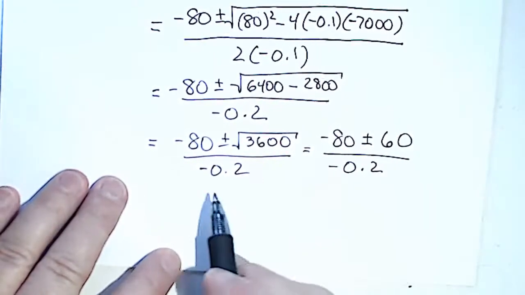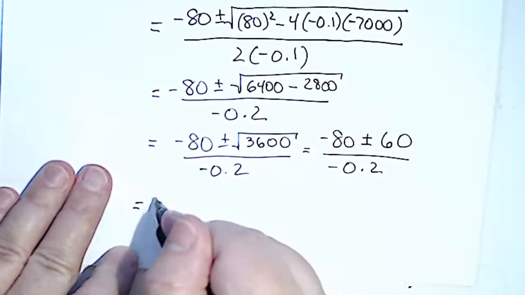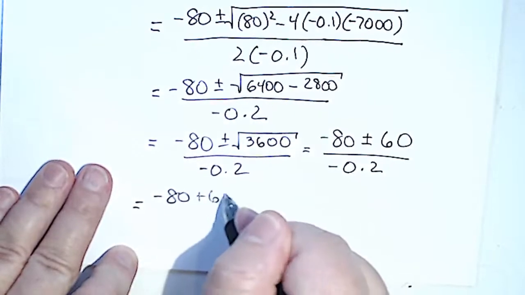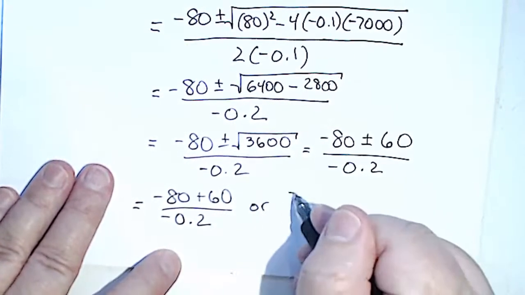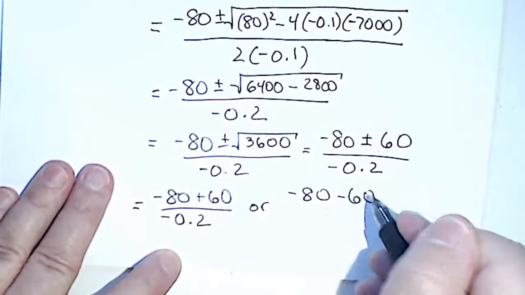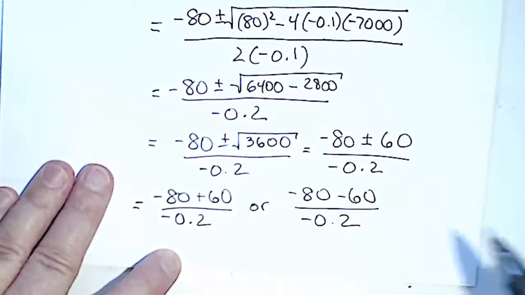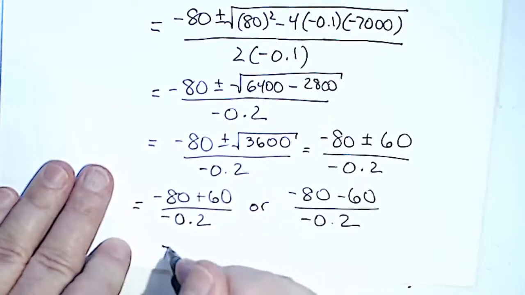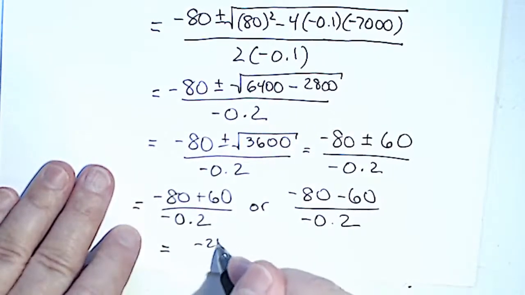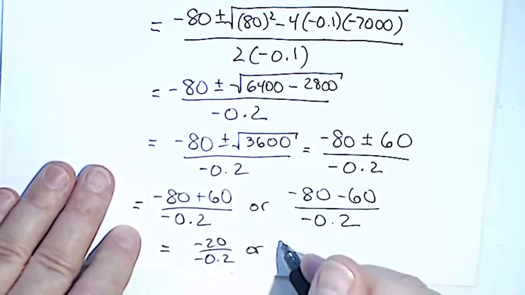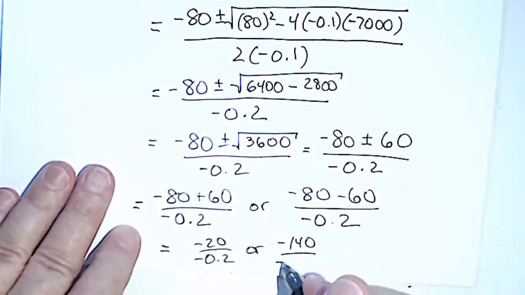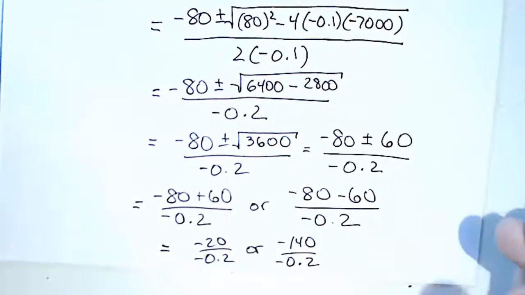So then I've got negative 80 plus 60 all over negative 0.2, or negative 80 minus 60 all over negative 0.2. So this is going to be equal to negative 20 over negative 0.2, or negative 140 all over negative 0.2.